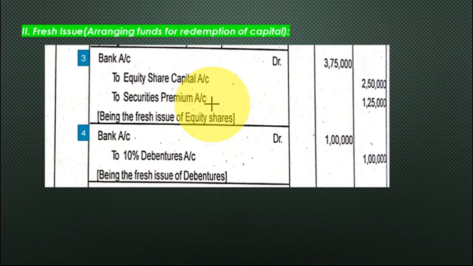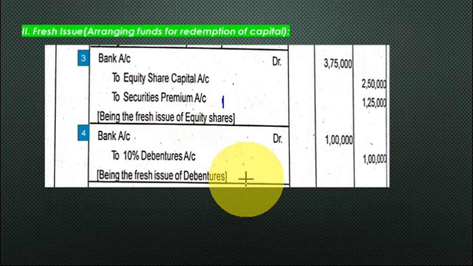According to the nominal account rule, all expenses and losses should be debited and all income and gains should be credited. So we are writing it on the credit side. This is income. So bank account debit to equity share capital account and securities premium account. This we have already calculated in the working note, 1,25,000. Total 3,75,000.